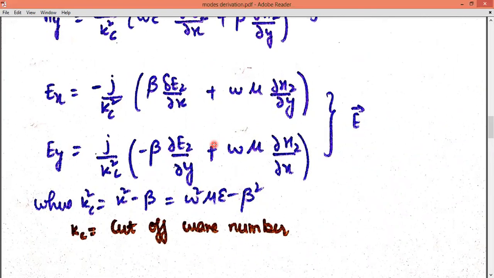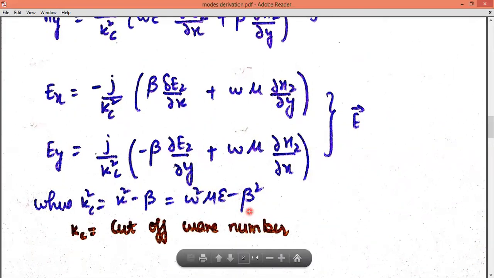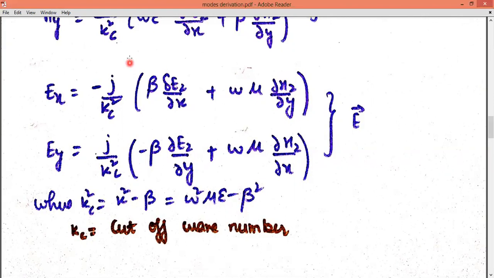Basically, the cutoff wave number is related to the cutoff frequency. I told you in an earlier video what we mean by cutoff frequency. Also in the coming lectures we are going to discuss this in a very deep way. For these equations you are not going very deep, so try to understand this.